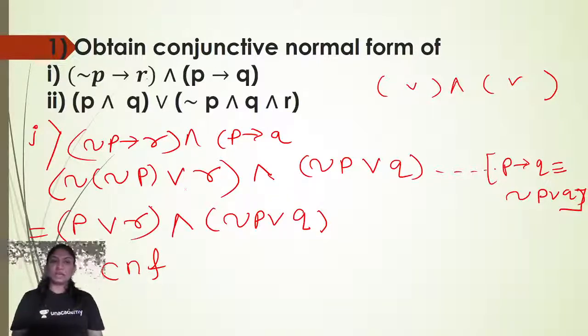See here once again, negation of P implies R and P implies Q. Using P implies Q means negation of P or Q, we get negation of negation of P or R, and negation of P or Q. So negation of negation of P is P, so P or R as it is, and negation of P or Q. So this is a conjunction of fundamental disjunctions. This is your CNF form.